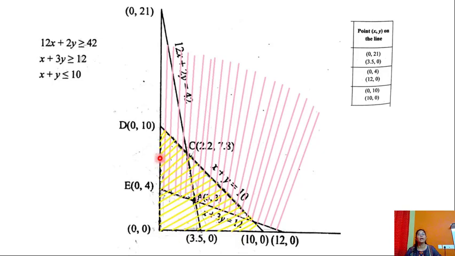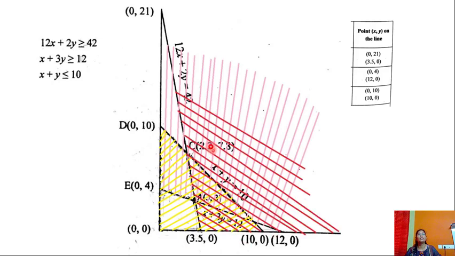Next is the yellow region, which shows the equation x plus y less than or equal to 10, marked yellow. And now we can see here, this is for the line 12x plus 2y greater than or equal to 42.